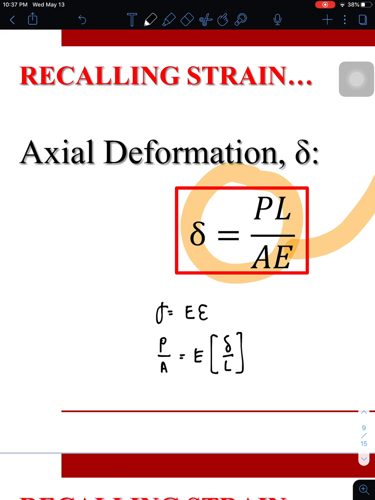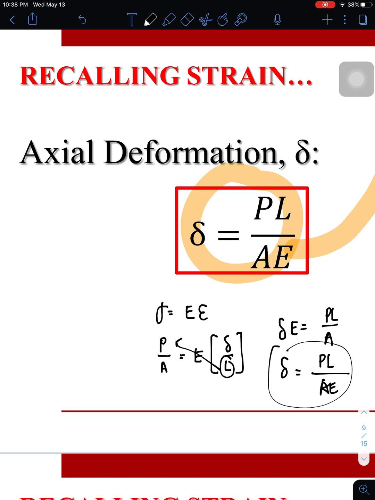Since we're solving for deformation, the L moves to the numerator here. So deformation times E is equal to PL over A. And to get the deformation, we move E to the denominator. So it's now PL over AE.